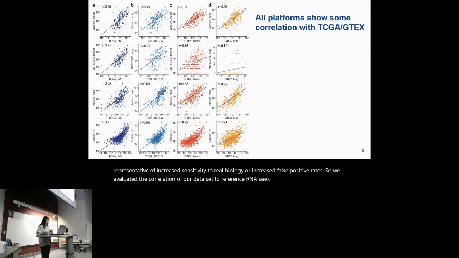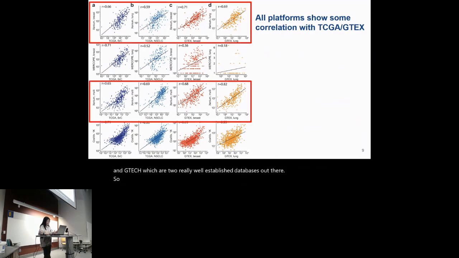What we did was we aggregated pseudo-bulk tissue TMA results from all panels and compared them to TCGA and GTEx, which are two really well-established databases out there. So Xenium overall has the most consistent performance across all TMAs and panels, yielding correlation around 65 to 80%.